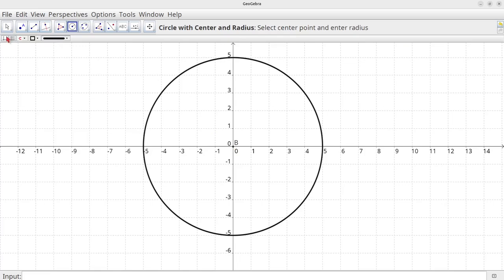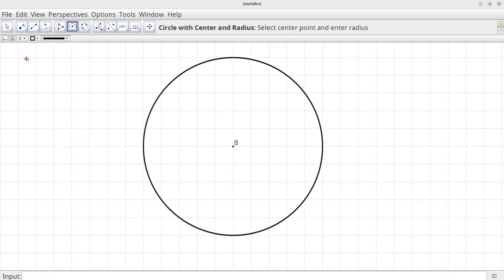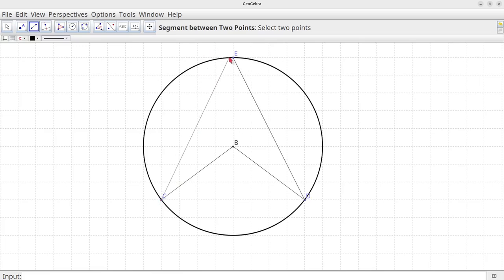Let me remove this one because I don't need it for now. There you go. Then let's try to measure the angle.